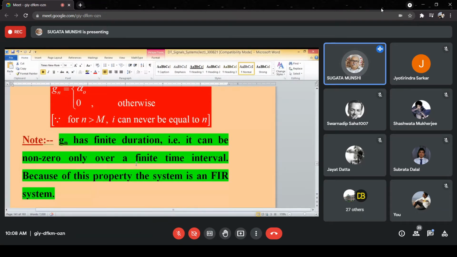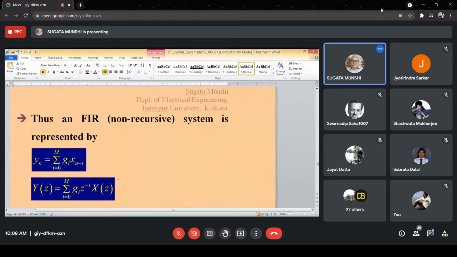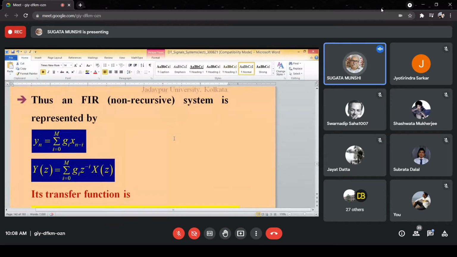They mean the same thing. Well, what about the IIR filters, or the recursive systems? Before that, there are some more points to observe.